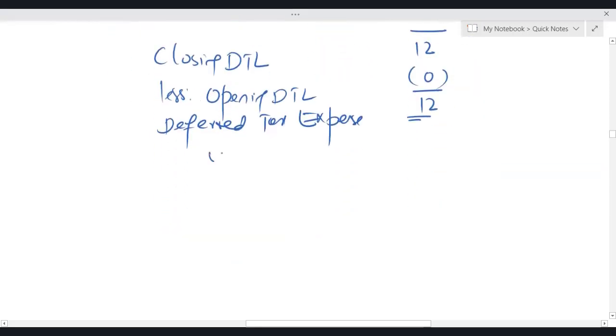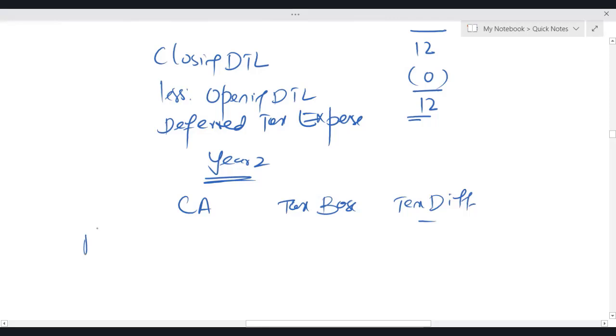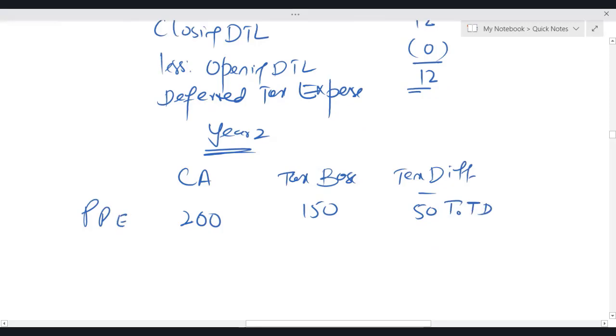Second year, year 2. Carrying amount, tax base, temporary difference. Property, plant and equipment. Carrying amount we have calculated, it is 200. Tax base was 150. So there's a difference of 50, which is a taxable temporary difference.